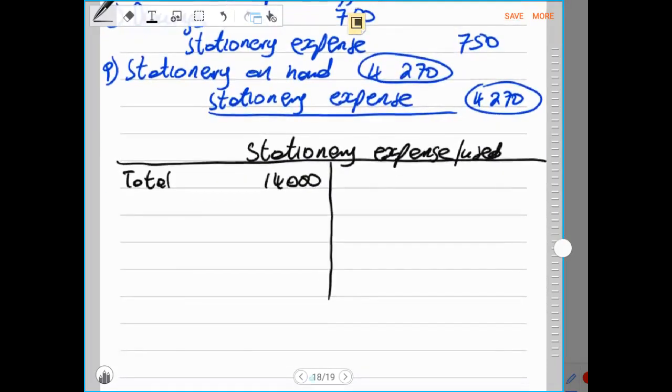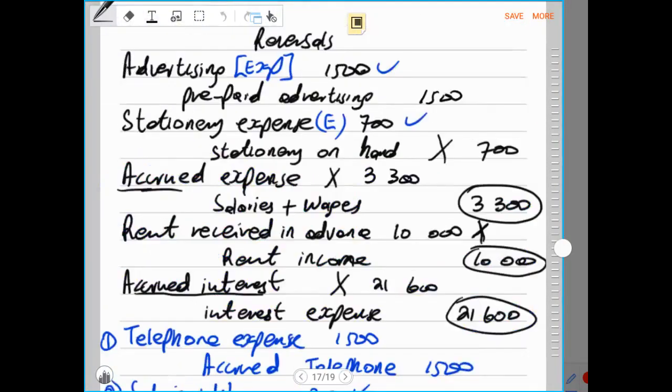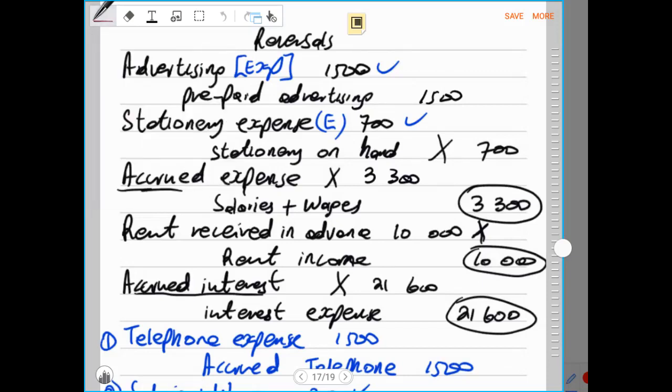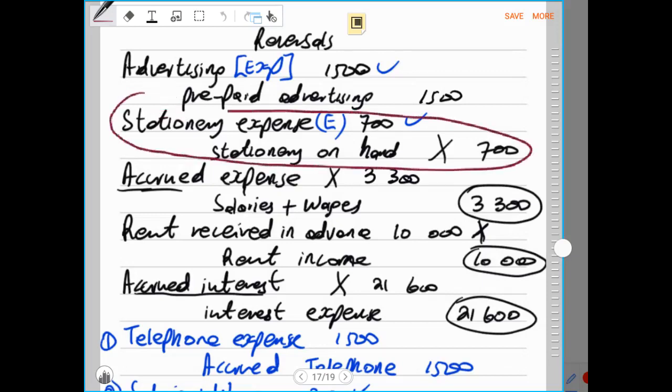Regarding our stationery, we had a reversal entry where the stationery was reversed. There the stationery expense was debited, here on the debit side.